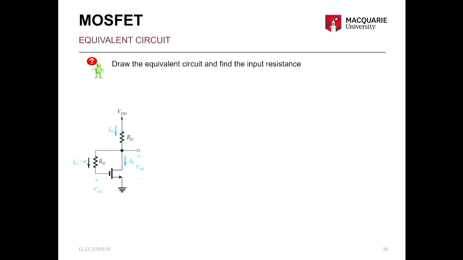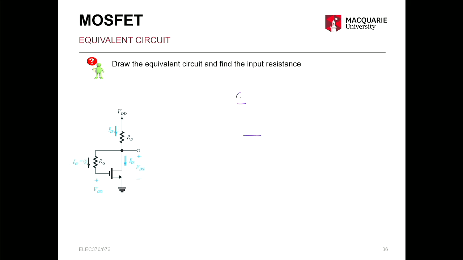Okay, how do you draw the equivalent circuit for this configuration? So what do you do first? Draw the equivalent circuit for the MOSFET, which is at the input.